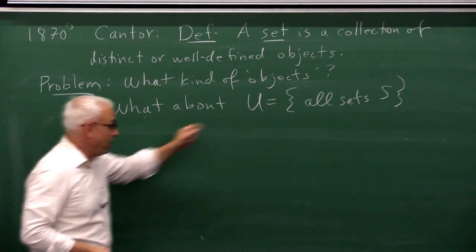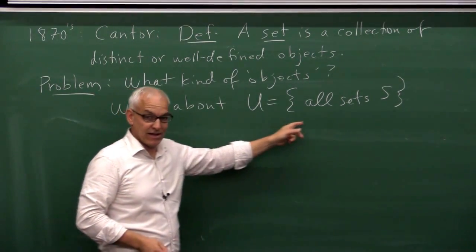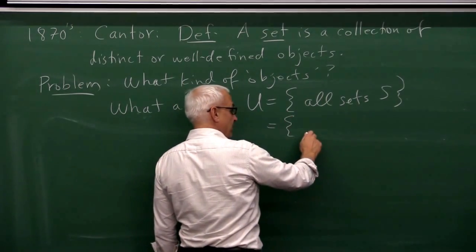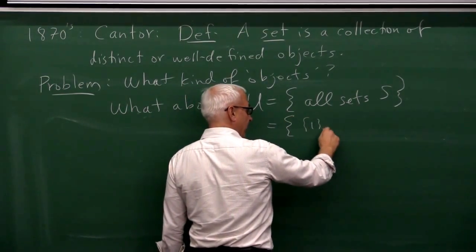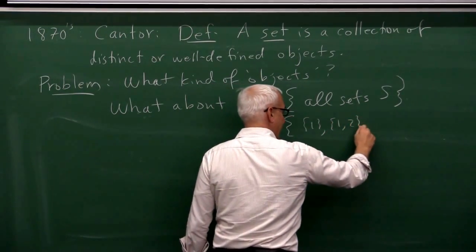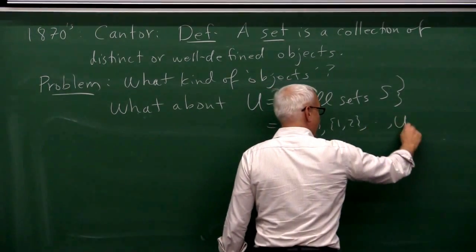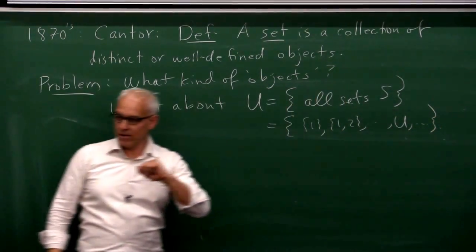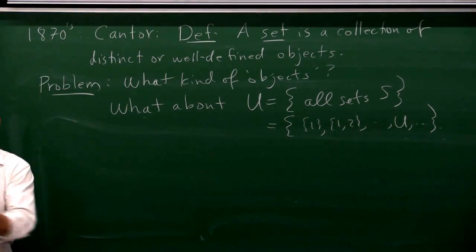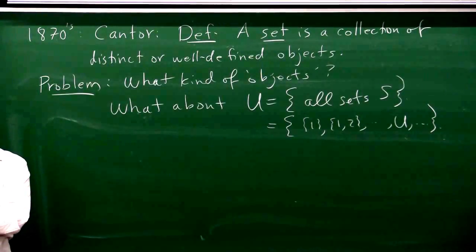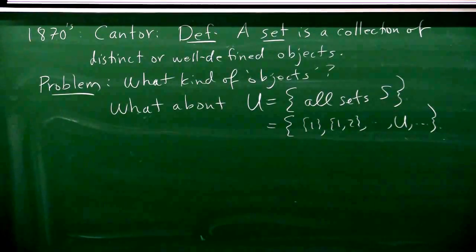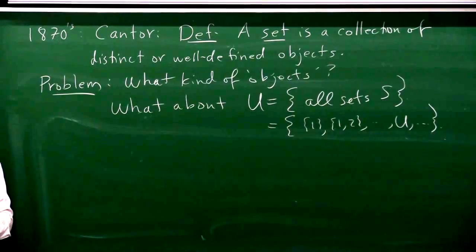But in particular, since U itself is a set, it's inside here. So this set U has many things in it, lots of sets. But amongst them is the set U itself. So we have a set which contains itself as an element. How can that be? So the mind boggles a little bit. Cantor realized that there was something a little bit delicate about this situation.